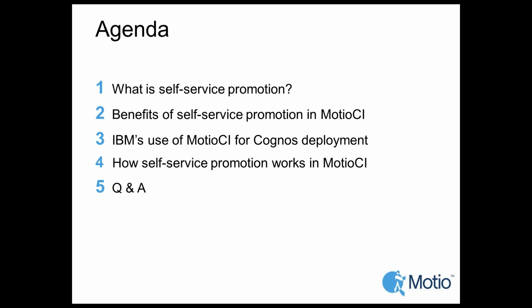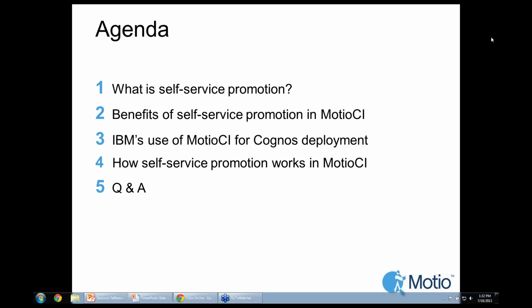We've got some great numbers there to reflect the real ROI that you can get from our tool. And then we'll go through step by step how to use self-service promotion in the MotioCI tool so you can see just how quick and easy, powerful, and flexible it all is. After that, of course, we'll try to leave about 5 minutes for Q&A at the end, so any questions you have, I'll be happy to answer.